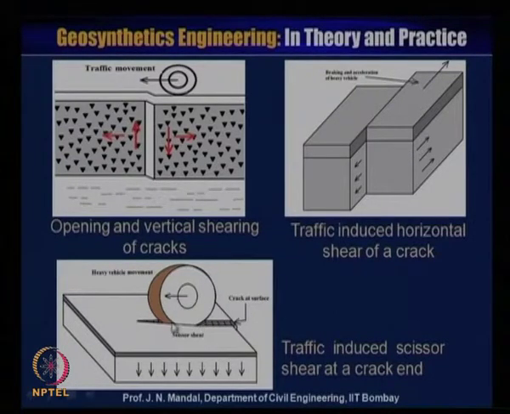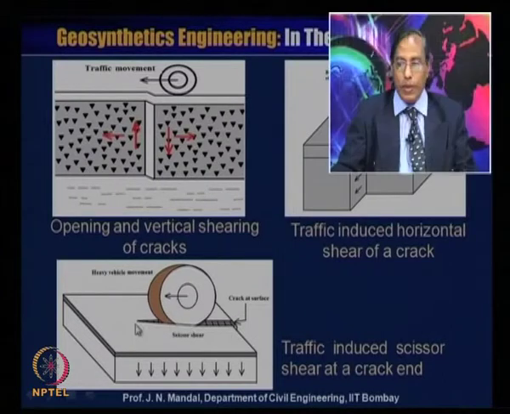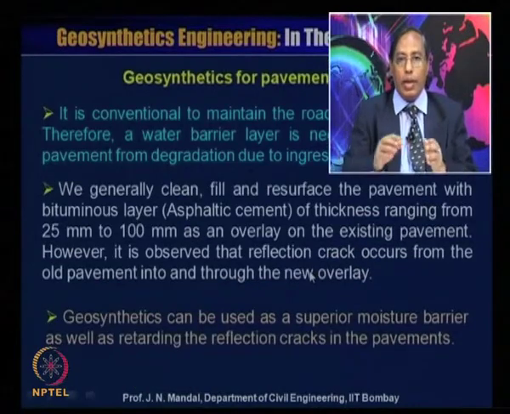So, this is the crack at the surface and this is shear. When the heavy vehicle moves, you can see there is a possibility for shear and there will be a crack at the surface. So, traffic induced scissors here at the crack end. So, you have observed the different types of cracking patterns.